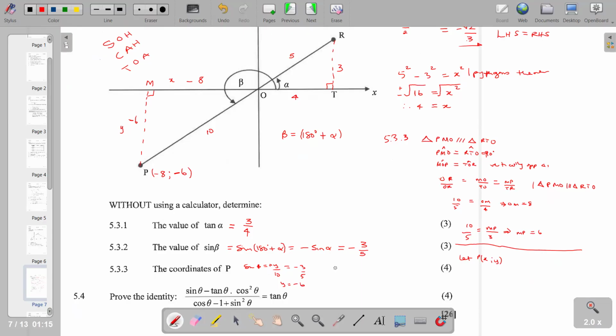Then we have to calculate cos beta, which will be equal to x over 10.